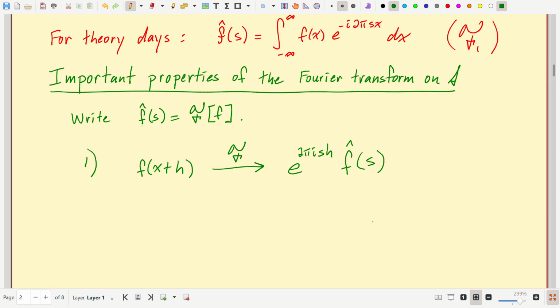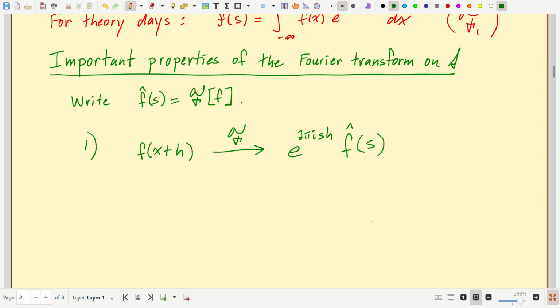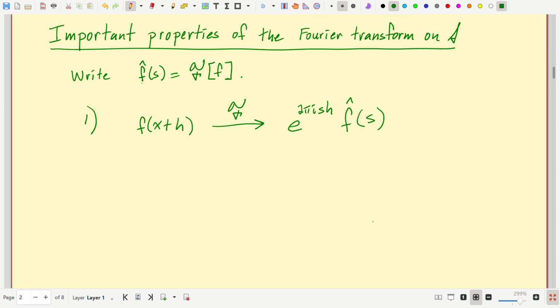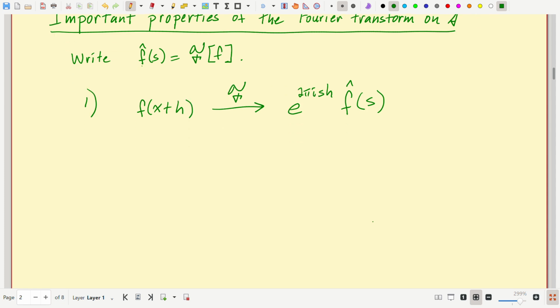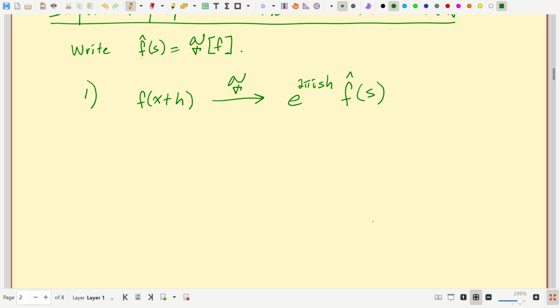So if I shift a function by translating it, then it's going to do something weird to the Fourier transform. It doesn't shift the Fourier transform, it multiplies it by something. It has a unit modulus, so it doesn't change the norm when you calculate that kind of thing. Okay, that's one simple thing. And to prove it, you would just write out the formula and then do a change of variables, a shift, and it just pops right out. So I won't bore you with the details there.